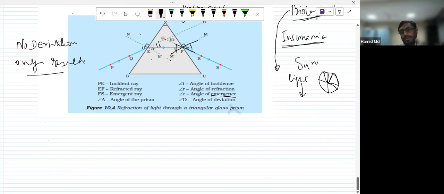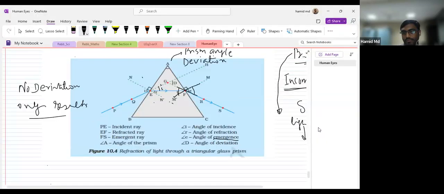Let me see the other screen. So which book do you follow most of the time? Can you repeat what you said just now? Which book do you follow most of the time?